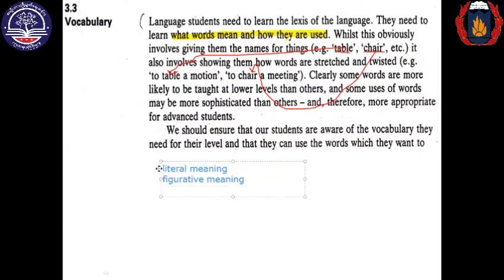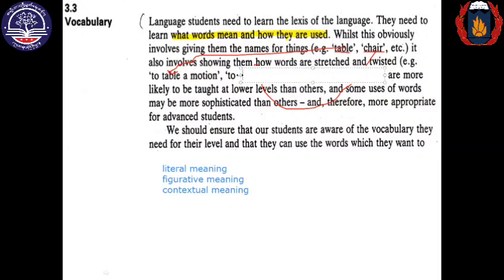Contextual meaning. To chair a meeting: here it is used as a verb.